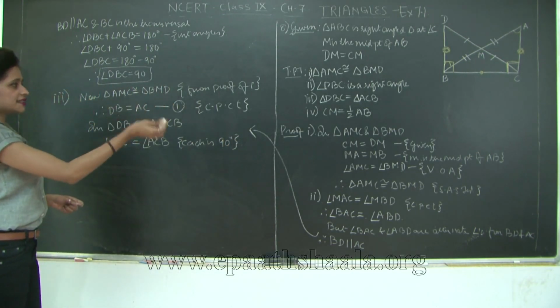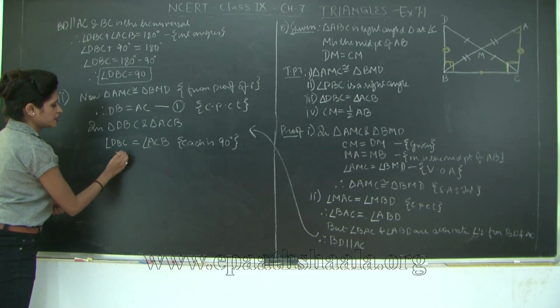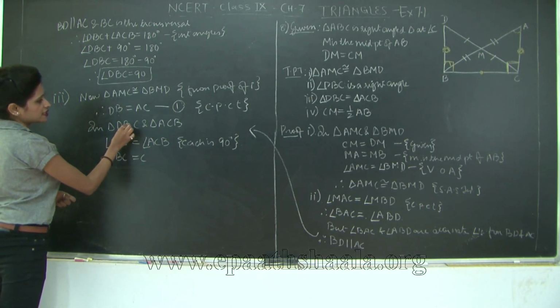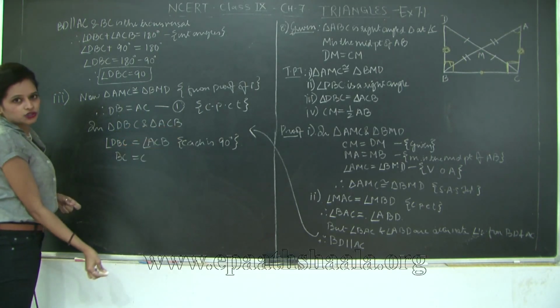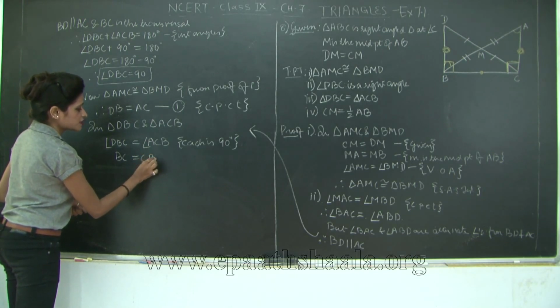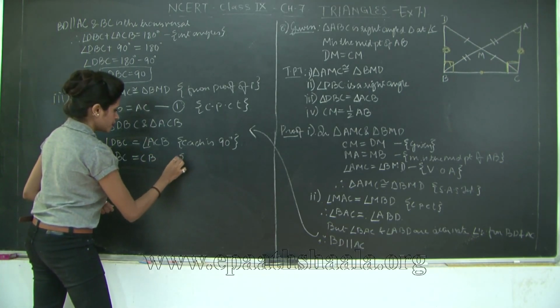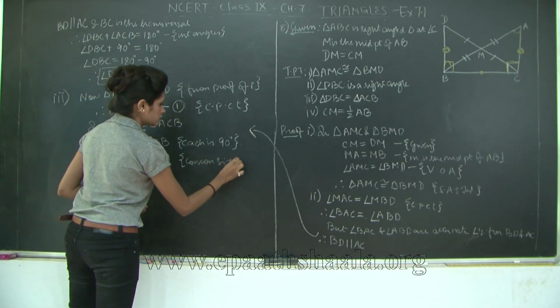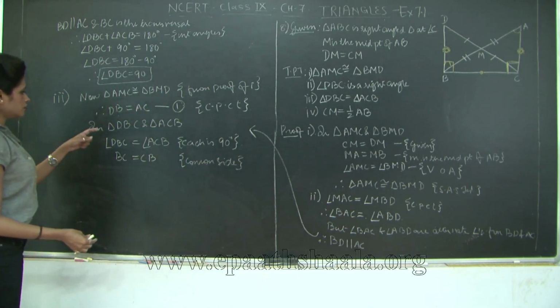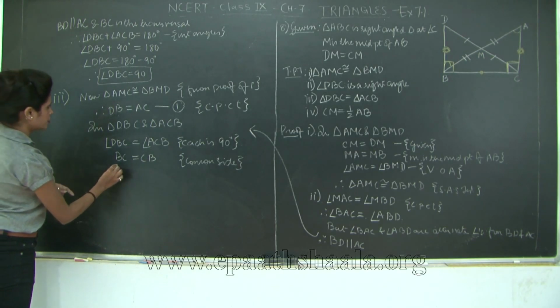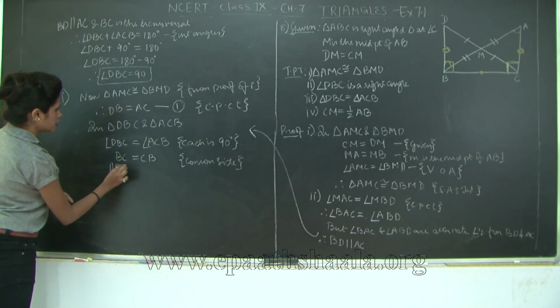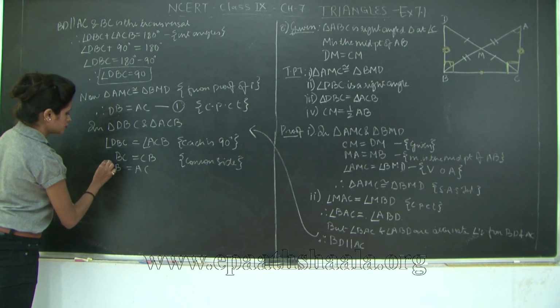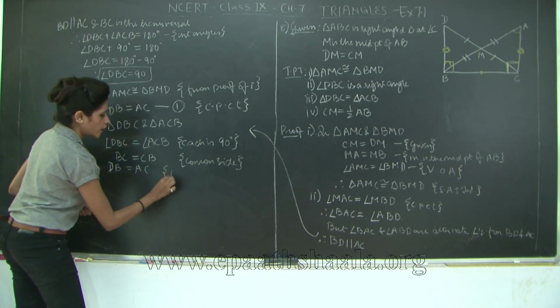Also I have BC is equal to CB. Why? Because B corresponds to C and C corresponds to B, that's why. Common side. And also I have DB is equal to AC from 1.